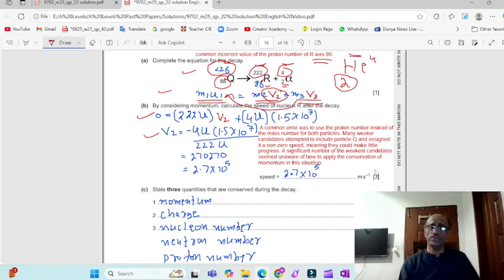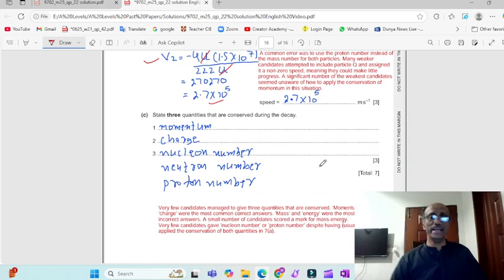You can convert u into kg as well, but these terms will ultimately cancel out. So we will get the answer 2.7 times 10 to the power 5 with a negative sign. Certainly a negative sign will be there, but you may or may not represent it. The negative sign only shows that R and alpha will be emitted in opposite directions.